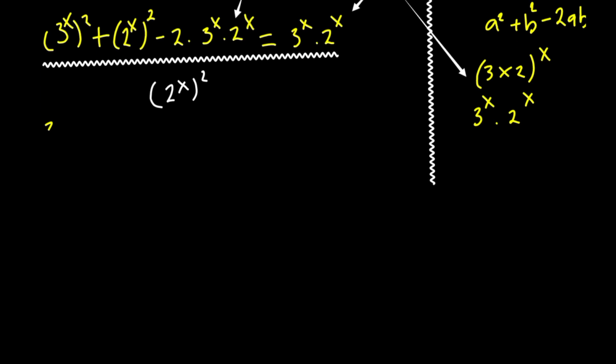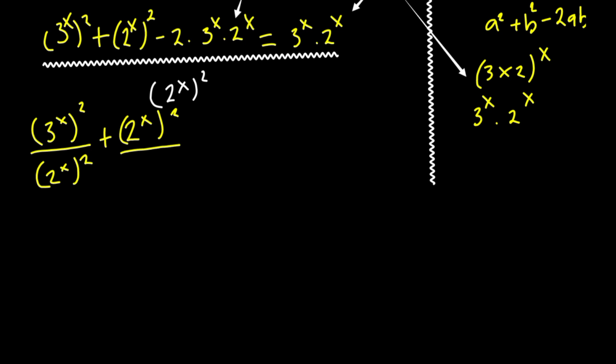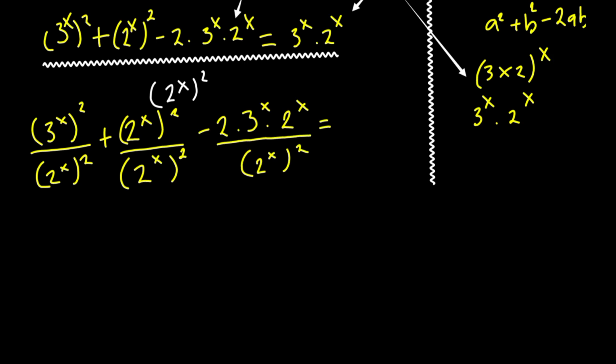Therefore, we're going to have (3^x)² divided by (2^x)², then also divide this as well by (2^x)², then minus 2 times 3^x times 2^x, divided by this, and it gives us 3^x times 2^x divided by (2^x)².